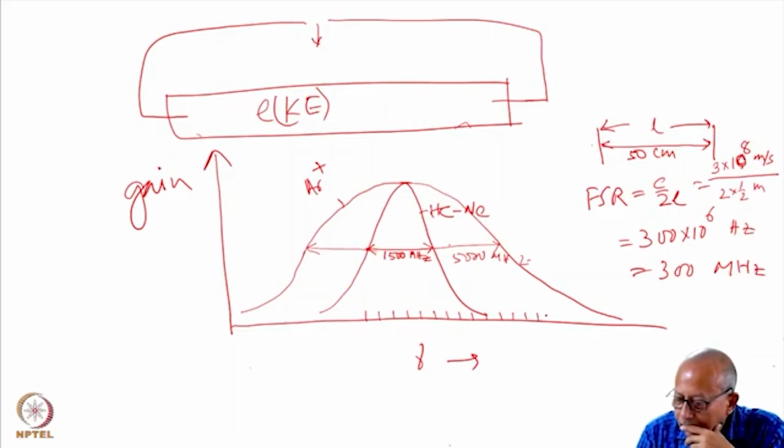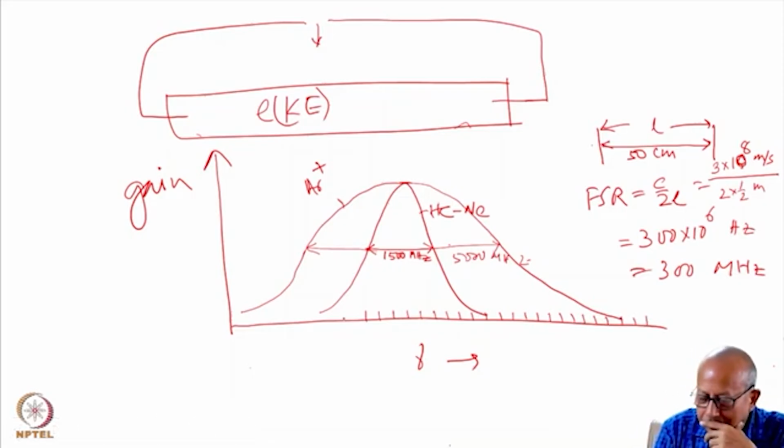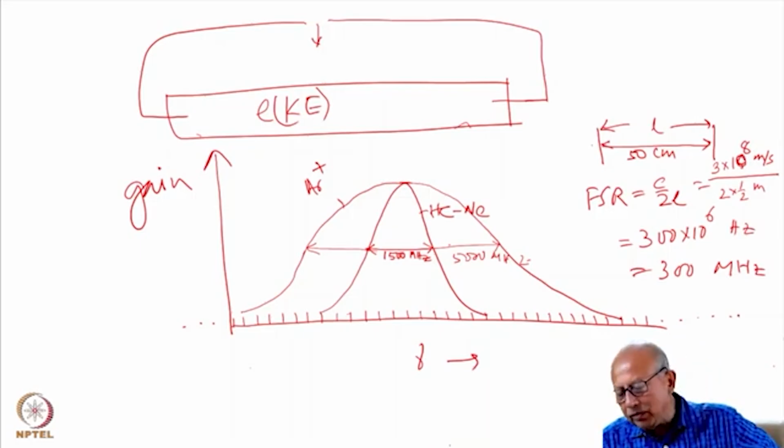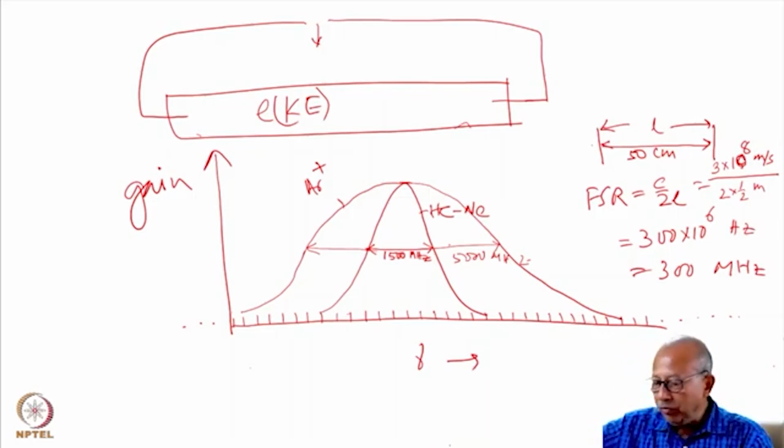So these are the cavity modes which will extend on either side of this gain. There will be innumerable, ranging from minus infinity to infinity.